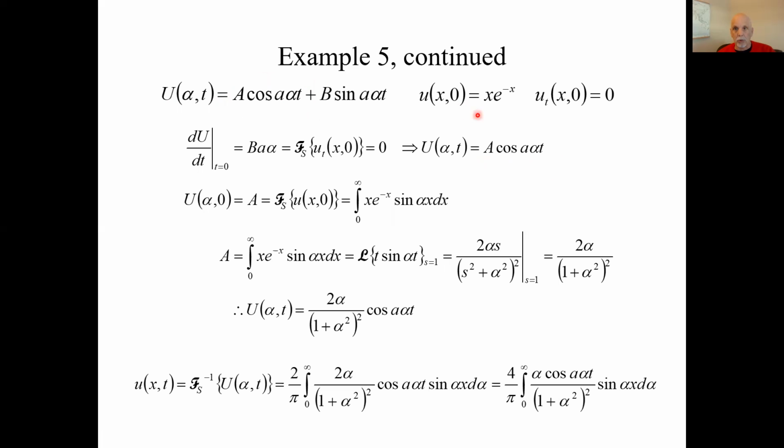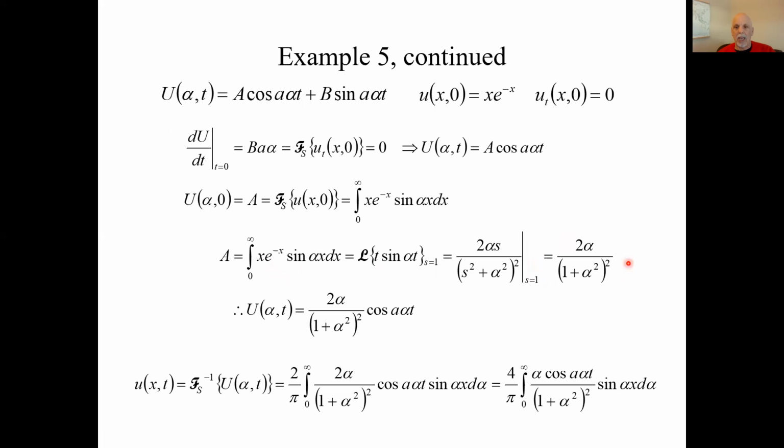So now we just have this one last condition to do. Plug in t equals 0 again here, and we just have A equals the sine transform. I gave it to you in the hint. Otherwise, I would have done the last trick: use other methods to evaluate this integral.